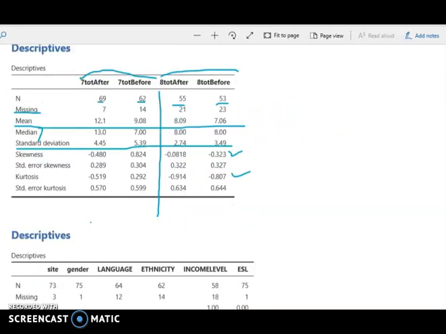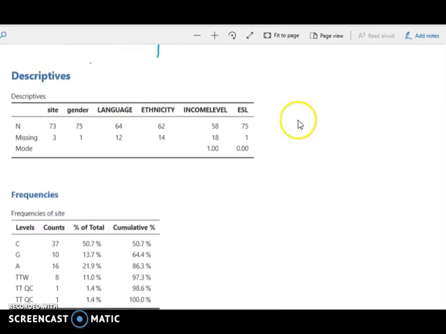All right, let me go through and give you some more descriptives. This is more of our demographics. With our demographics, we can see, again, we still have some missing data.